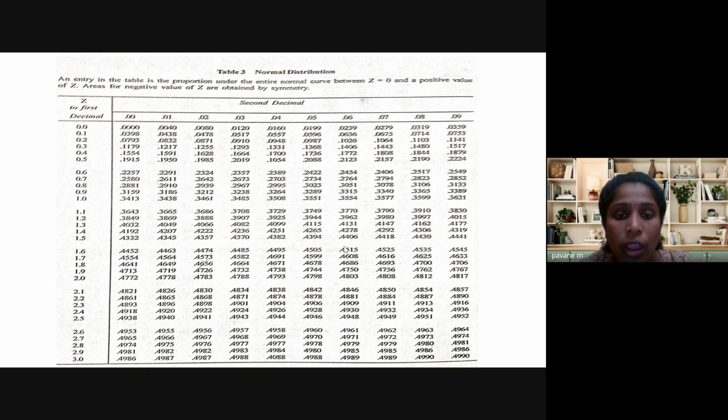The corresponding value is 0.4382 in the table. It is in the third group, last row, and fifth column, that is 0.4382, so for 1.54.